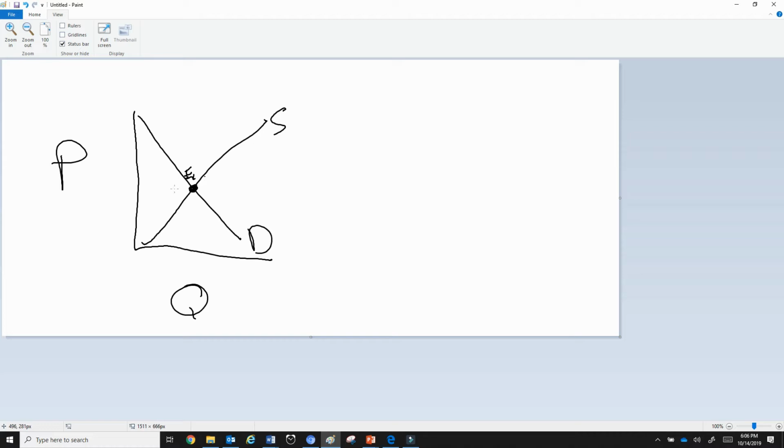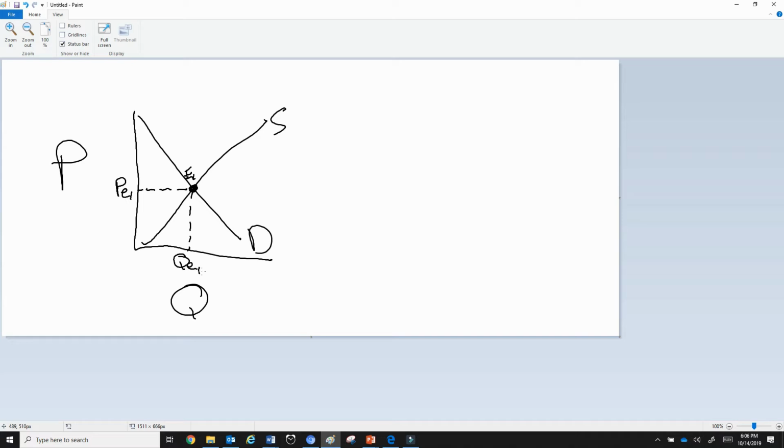So I've labeled it E1. Label your price at PE1. And label your equilibrium quantity QE1. Good so far? Fantastic.